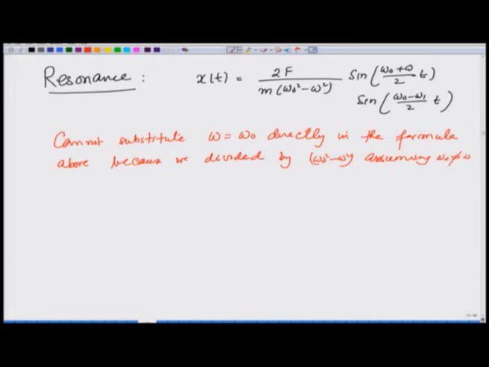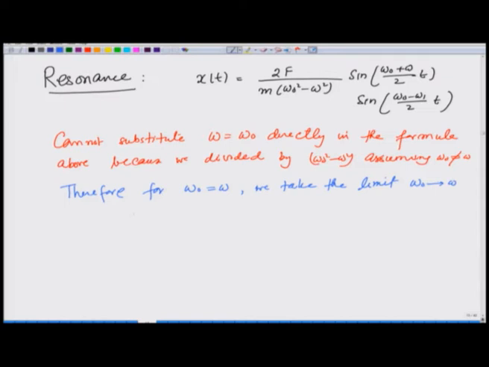If I want to take omega 0 equals omega, then the only thing I can do is, therefore, for omega 0 equal to omega, we take the limit omega 0 tending to omega.